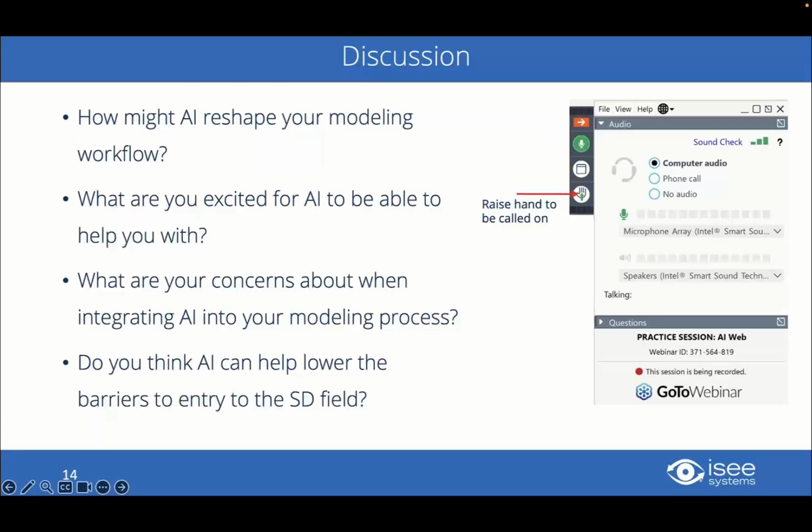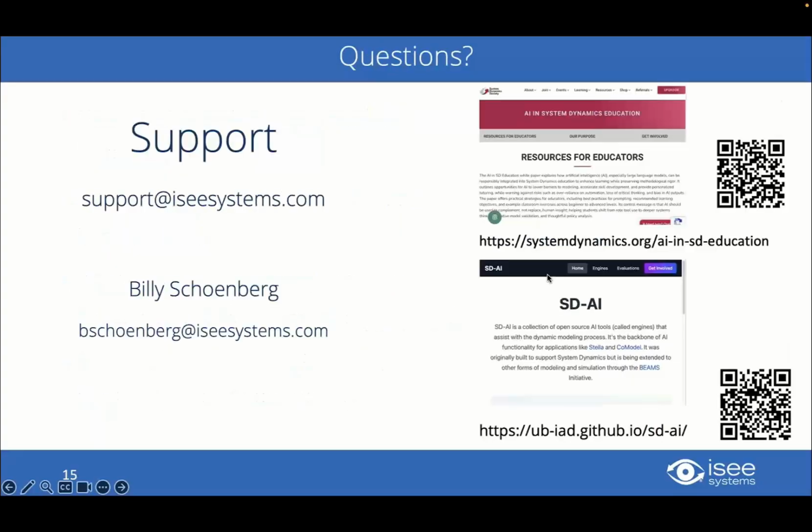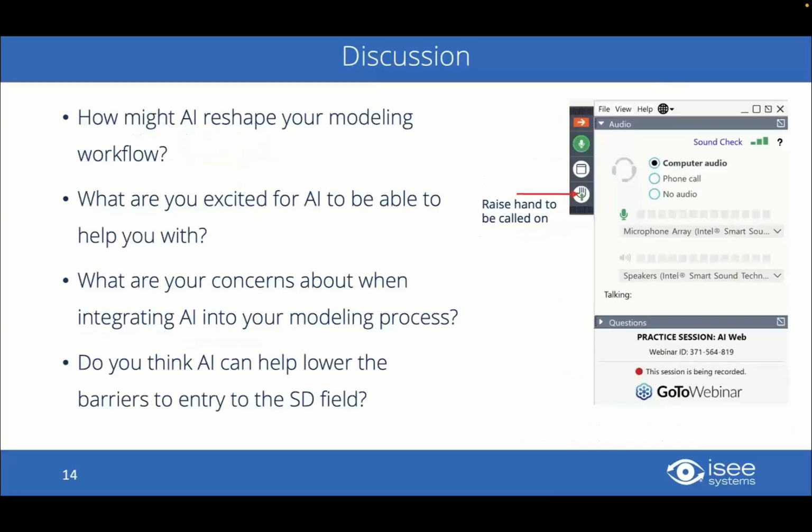Yes. Good. So again, sort of magical work. In answering the question about whether it lowers the barriers to system dynamics, I think the answer is yes.